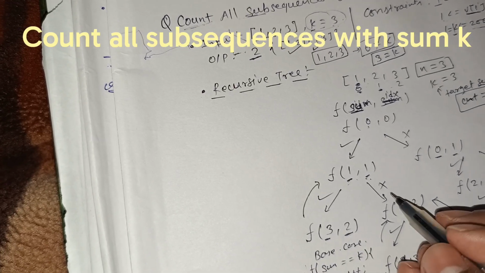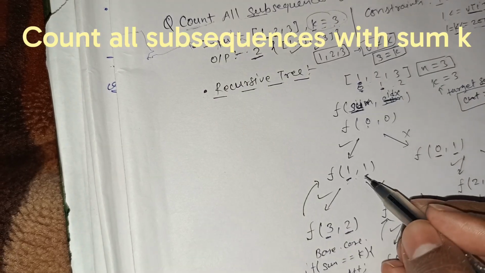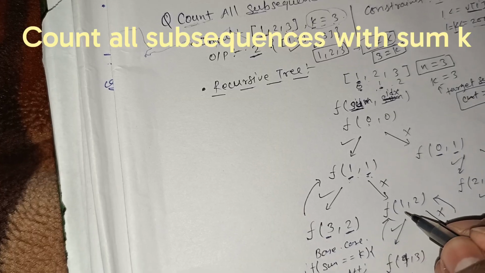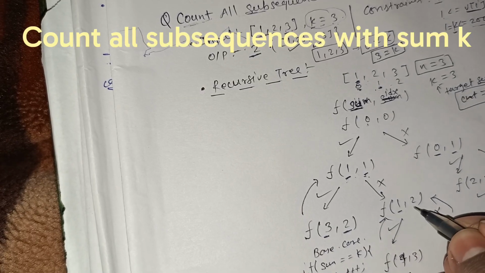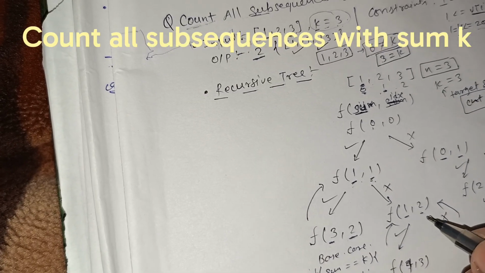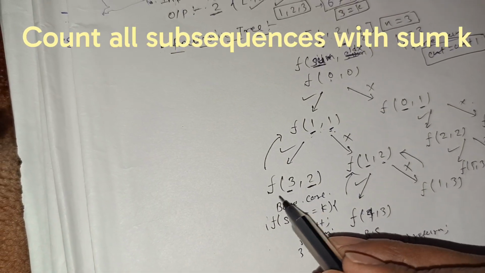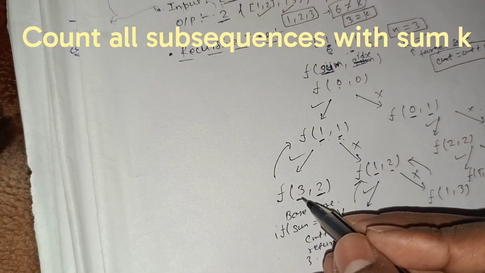Similarly, if we do not take the element at index 1, that is 2, then the sum remains 1 and index is incremented to 2.